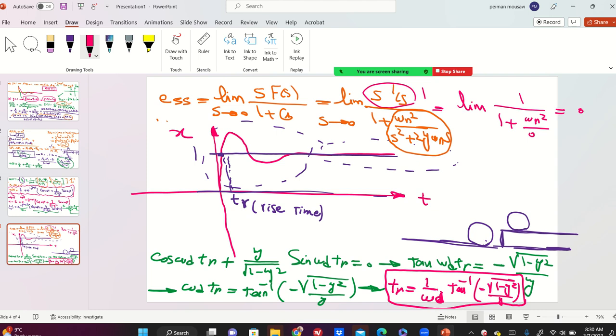Here we go. So we found the rise time for the second order system subject to the unit step and is underdamped.